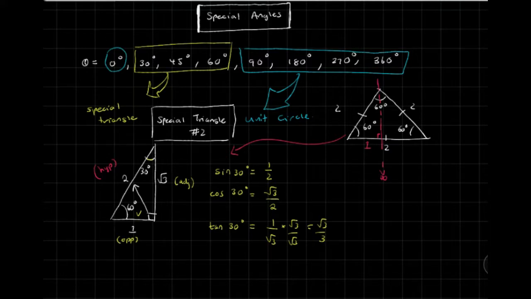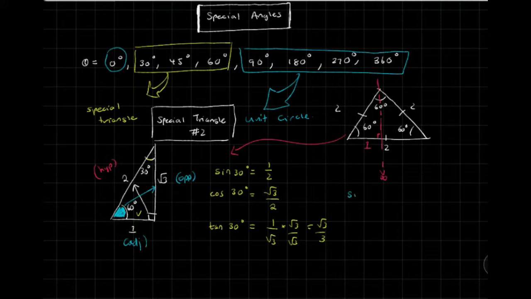And this time we'd be looking at 60 degrees. Okay, so let's take a look at this angle now. If I'm looking at this angle, this is the opposite side. So I'm just going to erase this. So now this guy becomes the opposite side. The hypotenuse is still conserved, and this is your adjacent side, right?